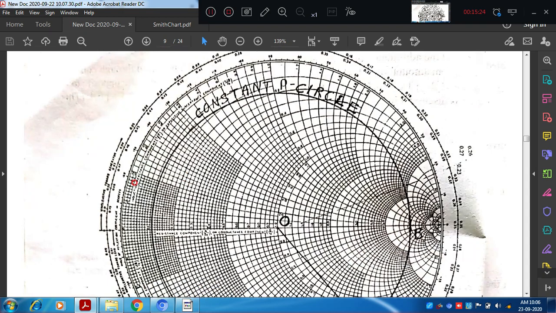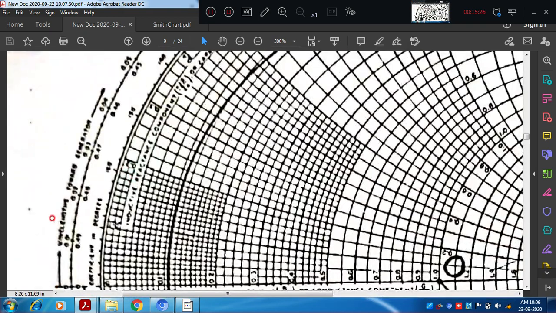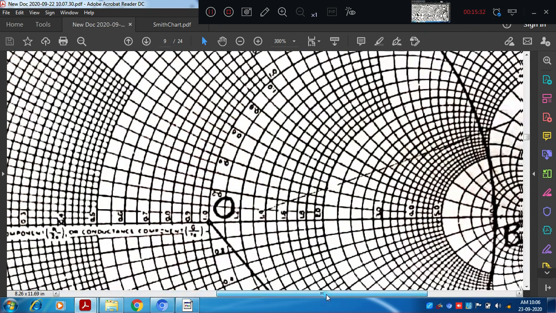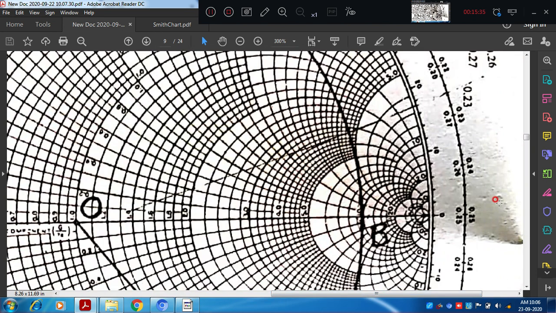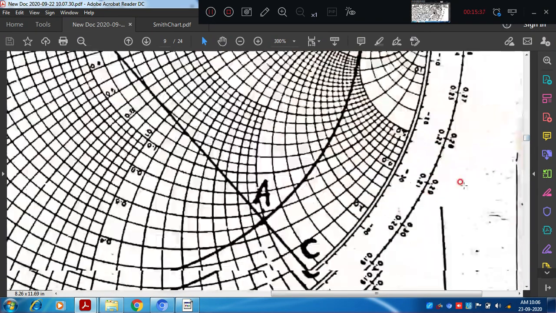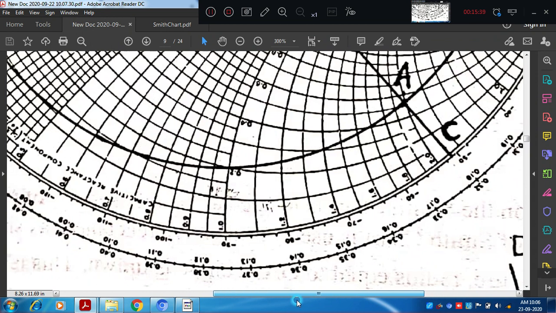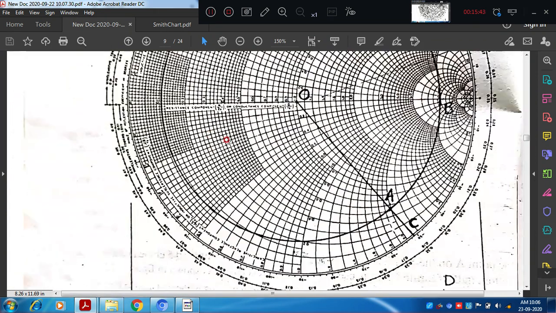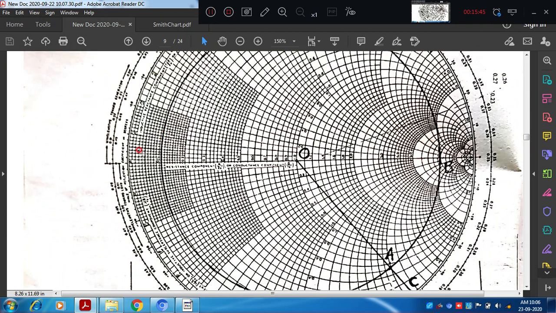Even you can see here, they have mentioned wavelength towards generator, which starts from 0 here, then ends here at half circle 0.25. If it travels another half, it will again be 0.5. This is true for both cases, clockwise as well as anti-clockwise.